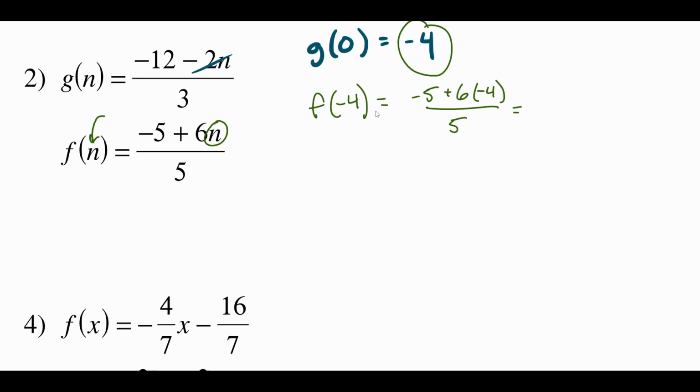That's equal to negative 5 minus 24 all over 5. Negative 5 minus 24 is a negative 29 over 5. That does not equal 0. So because that does not equal 0, I know that no, g of n and f of n are not inverses of one another. Let's move on to number 3.